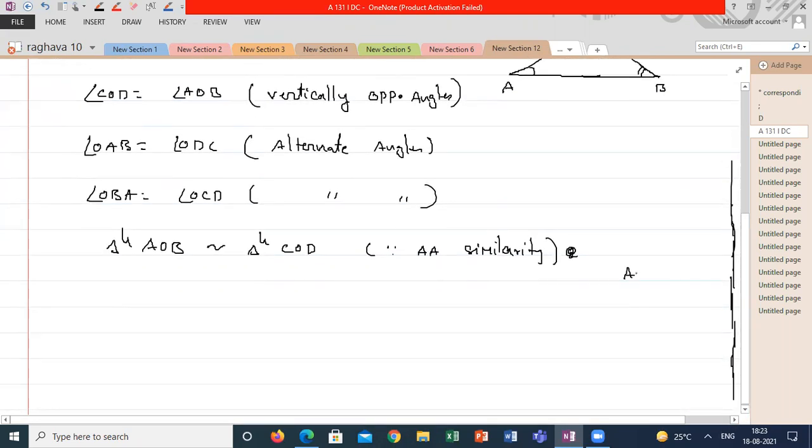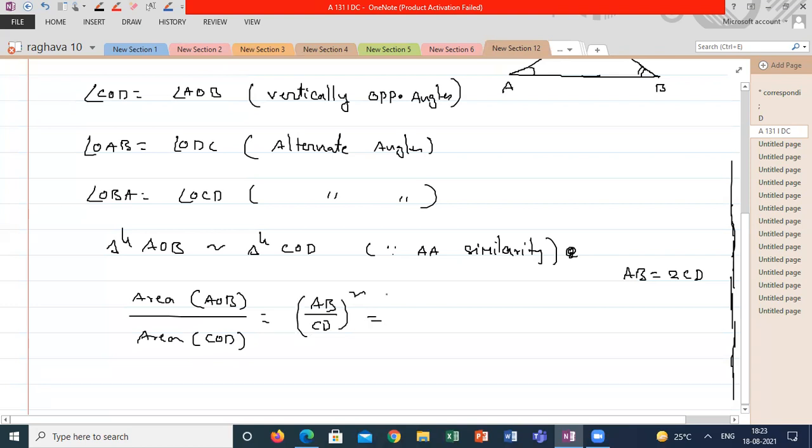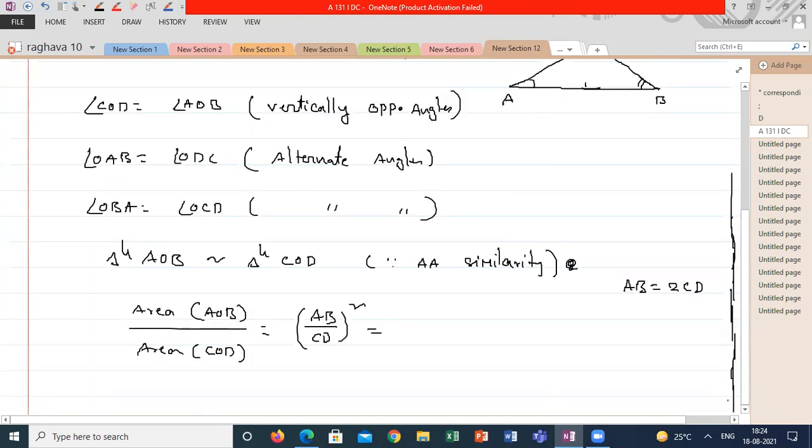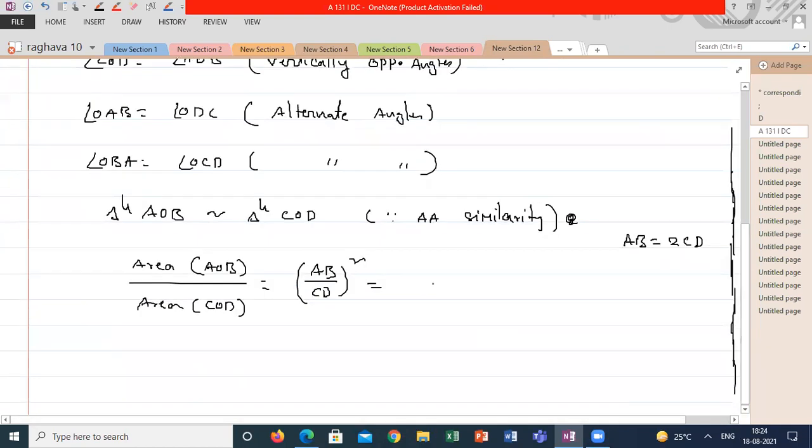AB is equal to 2 times CD. From here, area of AOB divided by area of COD will be equal to AB by CD whole square. Why AB by CD whole square? Because the corresponding side of AB is CD. So we know AB by CD is equal to 2 whole square.